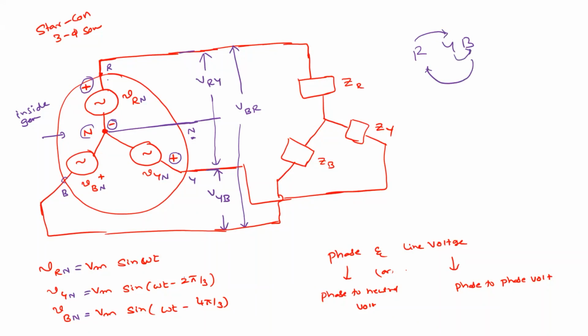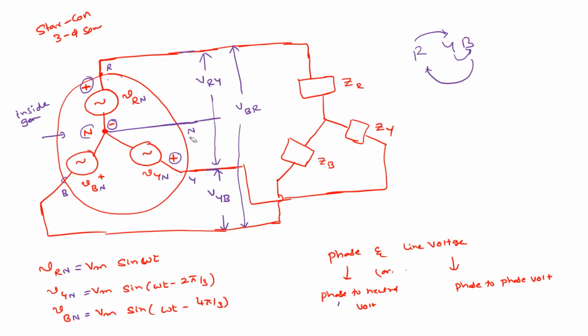These VRY, VYB and VBR are known as line voltages or phase to phase voltages. Sometimes we use the term line to line voltage. Sometimes the words line and phase are used interchangeably, depending on the notation and on the country where they are living.